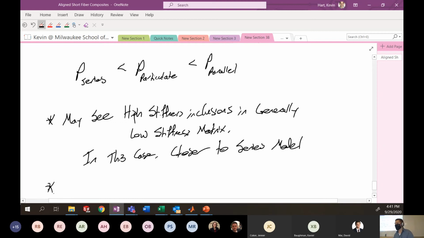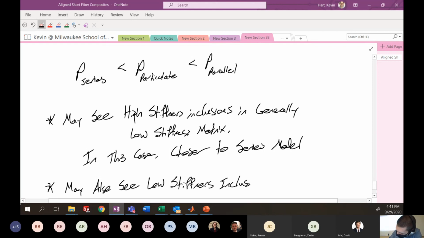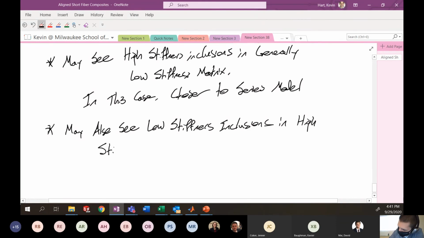You may also see low stiffness inclusions in a generally high stiffness matrix. That might be like including rubber particles in an epoxy, right?